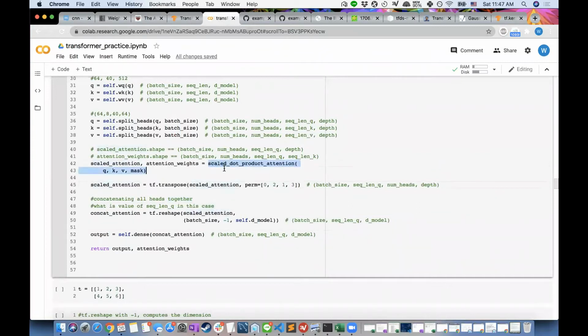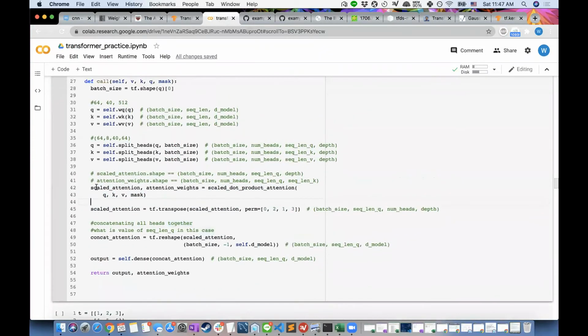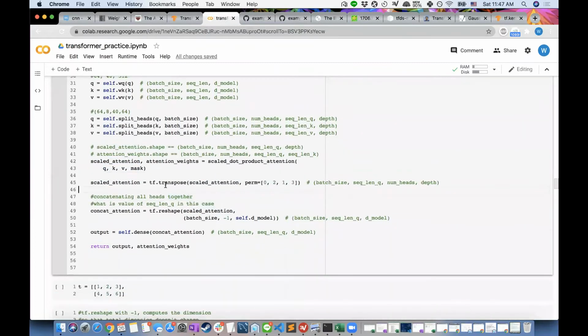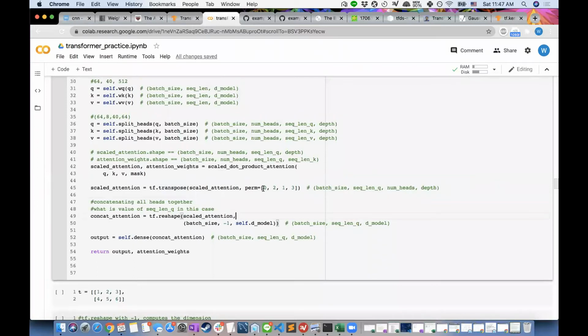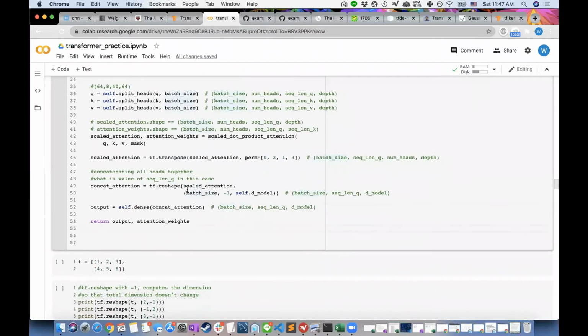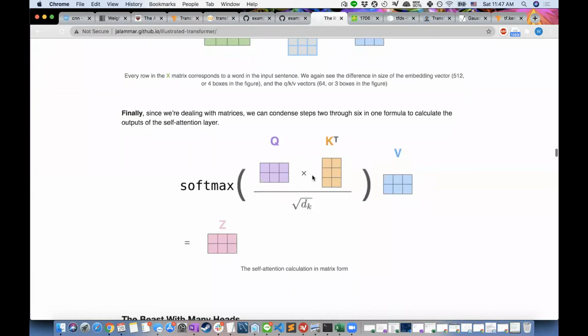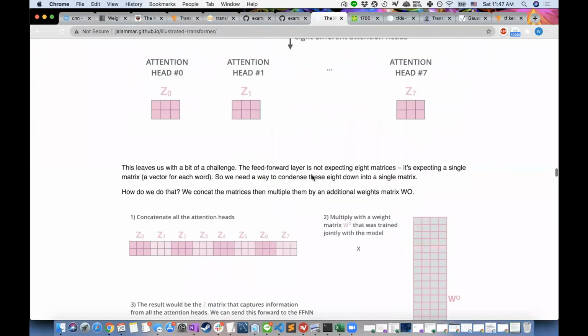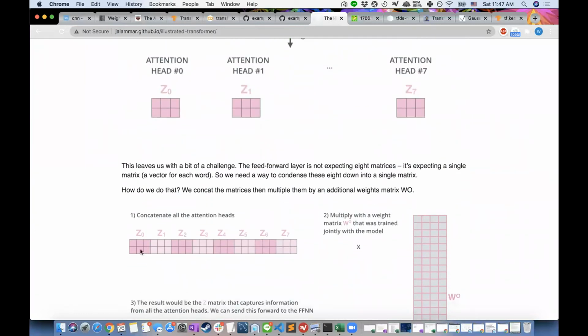And yes, you call that, then you get your scaled attention, your attention weights, you transpose that again and reshape that, and then you reshape them back, meaning concatenating all the heads together. Okay, so now you're doing this step, right?